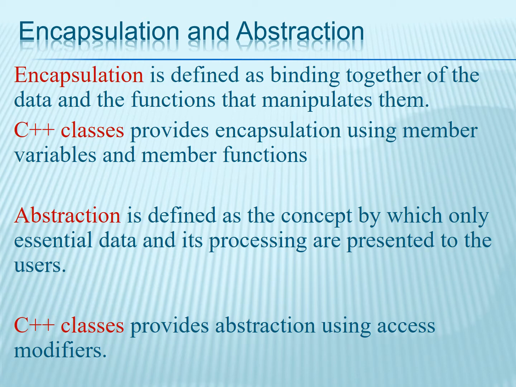Abstraction is defined as the concept by which only essential data and its processing are presented to the users. C++ classes provide abstraction using access modifiers.